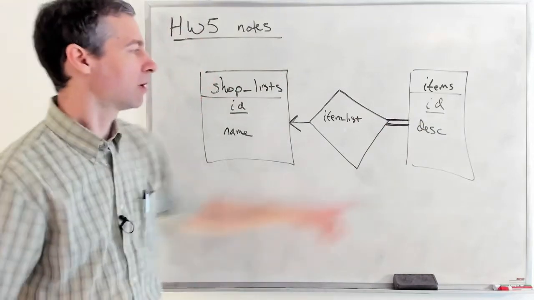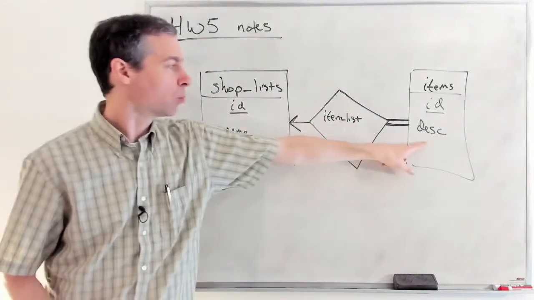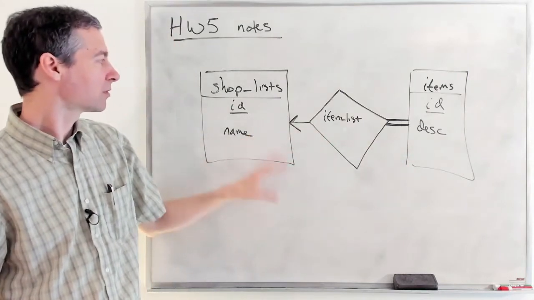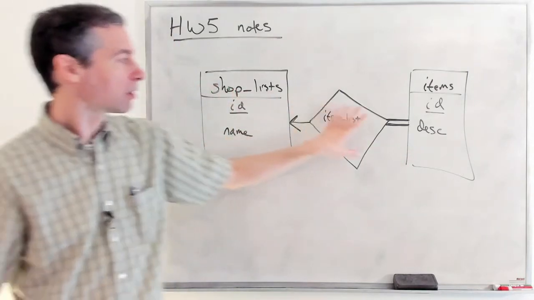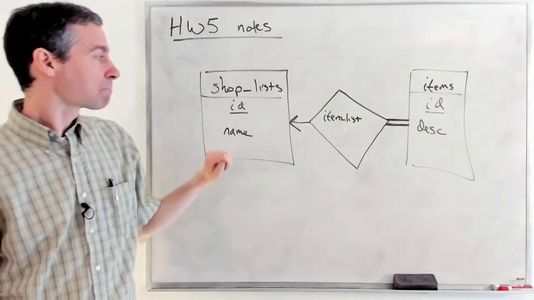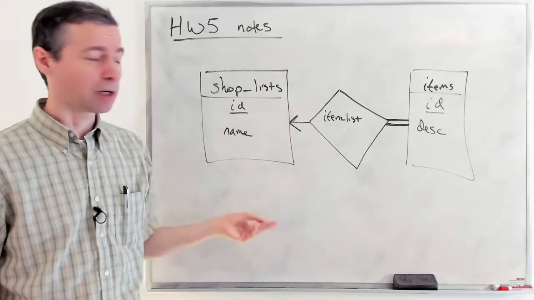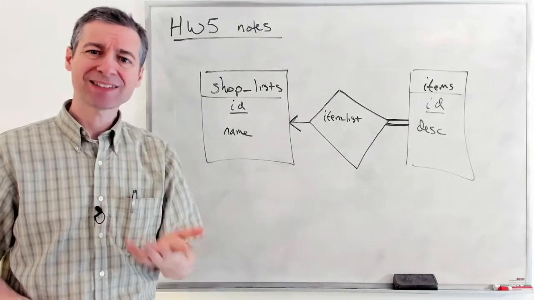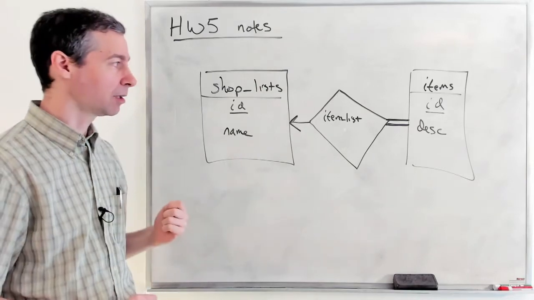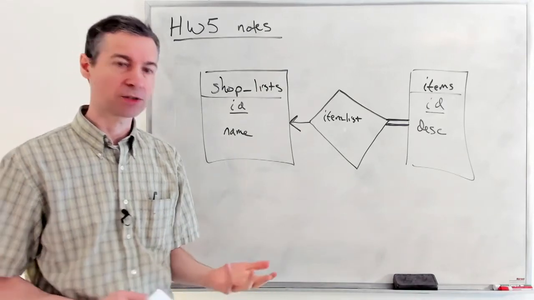So items is totally participating in this relationship, and one item goes to one shopping list. One shopping list can go to 0 or more items. So this sets up our entity relationship diagram as I think makes sense based upon the problem and the functionality the application needs to support.